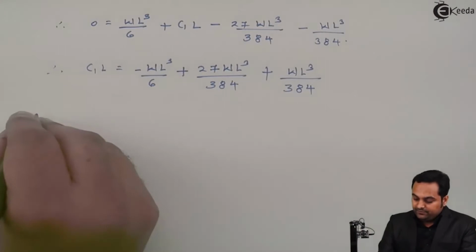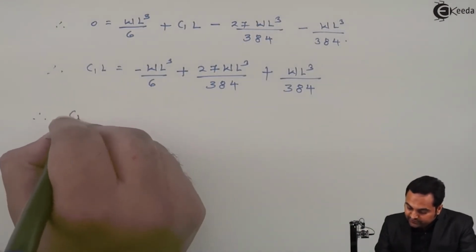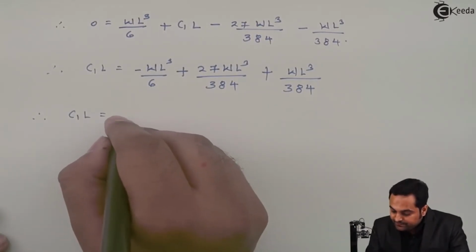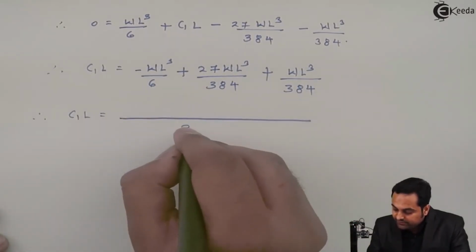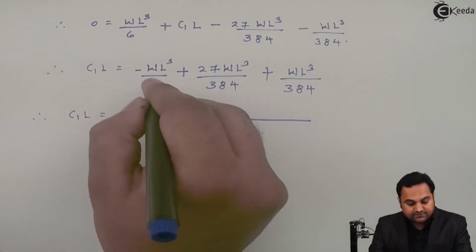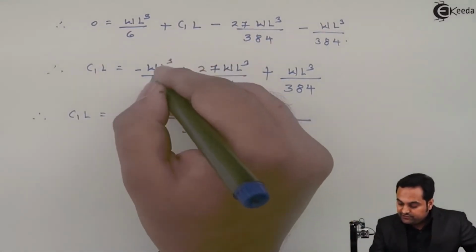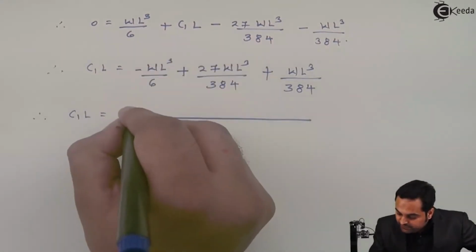Then I have to again simplify this. So C1 into L, taking the LCM, that would be 384, and in 6 here I have to multiply it by 64 to make it 384. So 64 gets multiplied in the numerator as well.